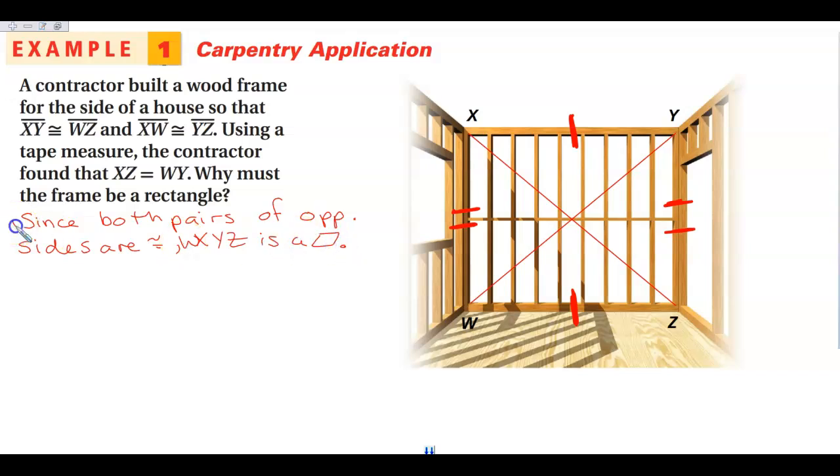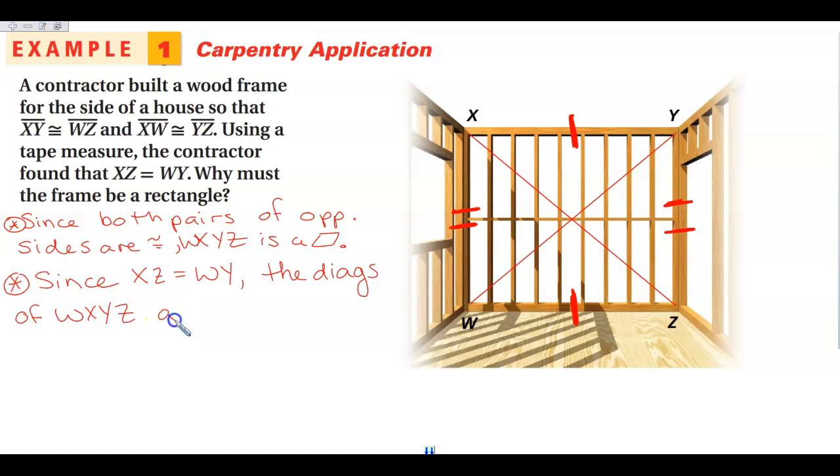Okay, so that's step 1. We have to show parallelogram first. Then we can say that since XZ is equal to WY, the diagonals of WXYZ are congruent, which is a property of a rectangle.